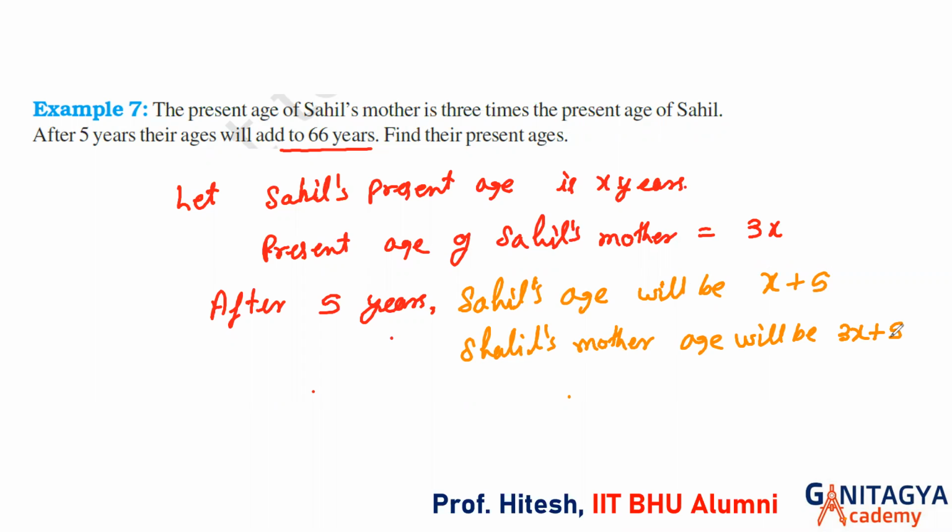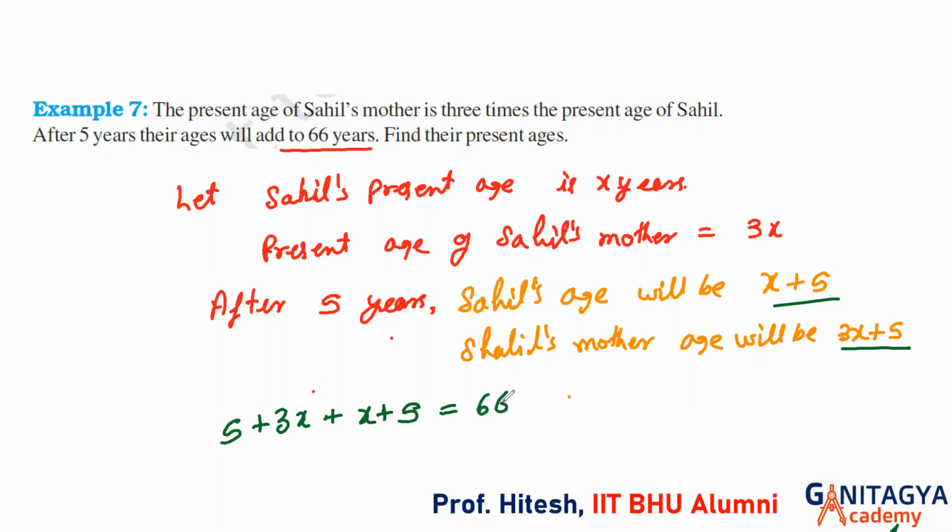So the question is, after 5 years their ages will add to 66 years. So can I write 3x plus 5 plus x plus 5 is how much?